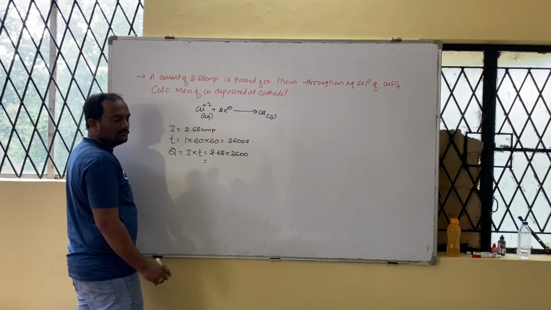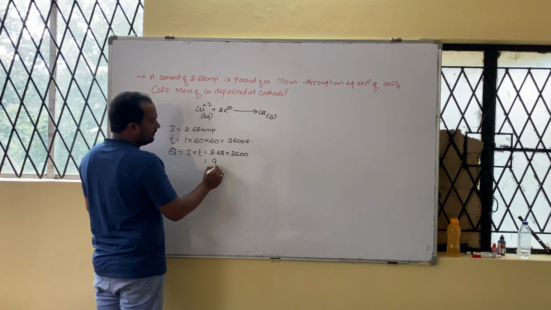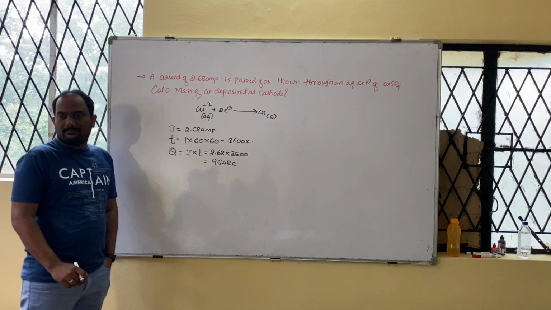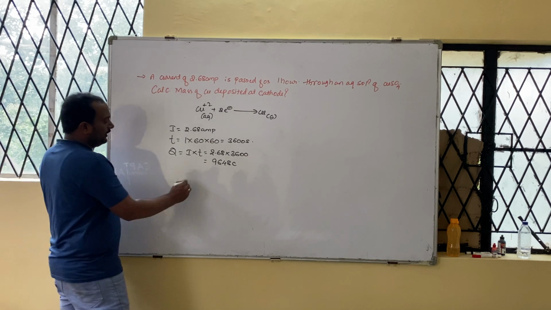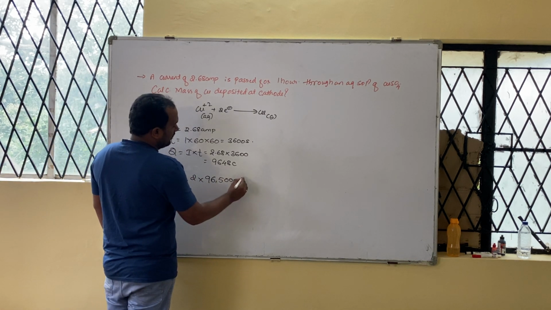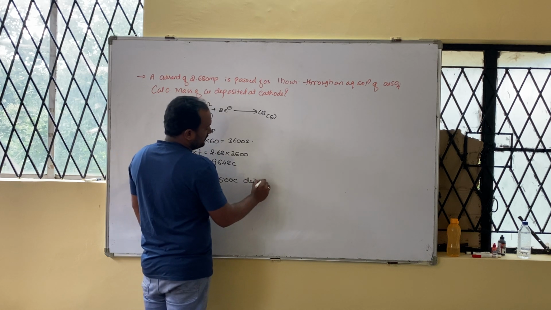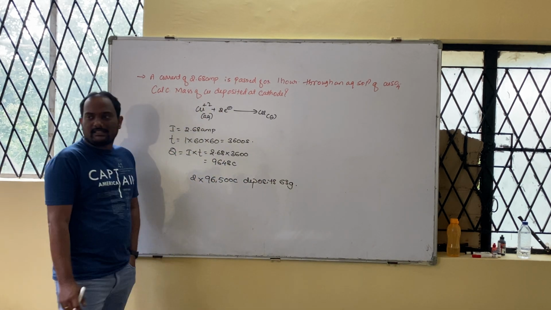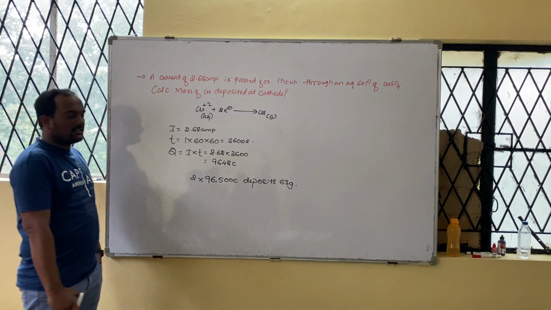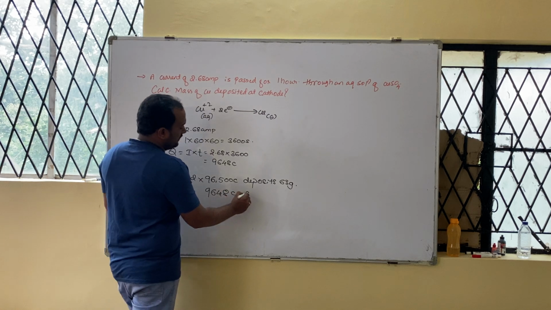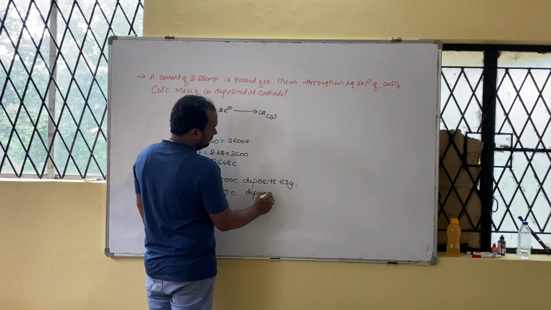9648 coulomb. Correct? Now tell me, 2 into 96,500 coulomb deposits how much? 63 gram. Why 63 gram only? Because it is equivalent mass. Next, 9648 coulomb deposits how much?